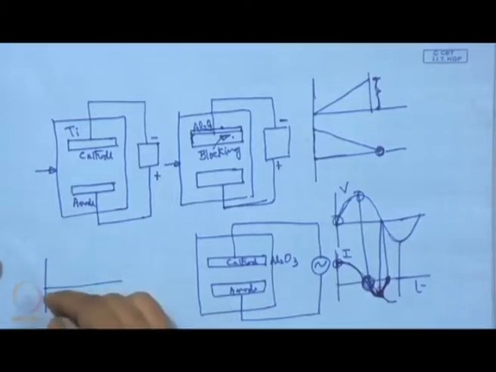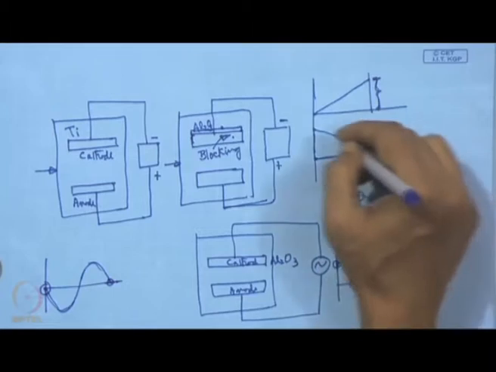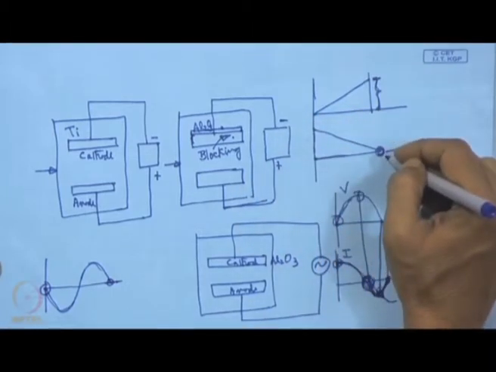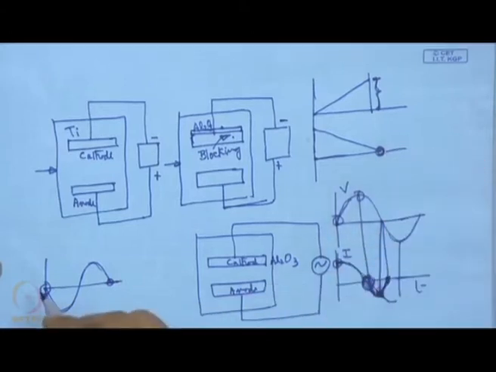That means it is going to be 0 over this one full cycle. So, in case of DC it is one directional and it is coming almost to 0, but in this case, alternating, it is following this sine curve.